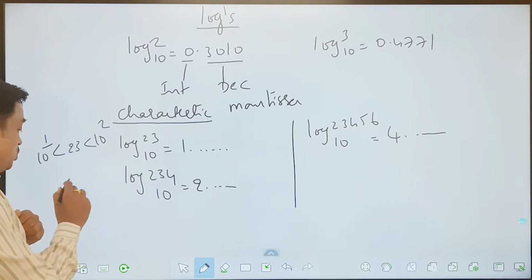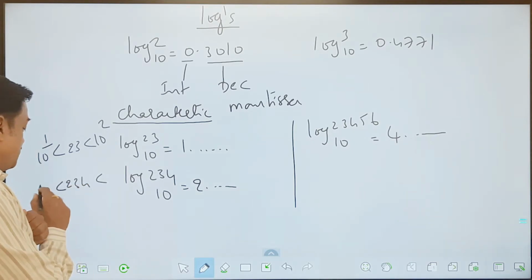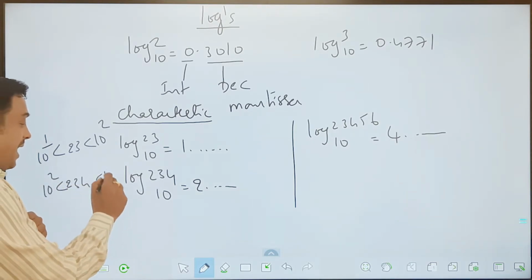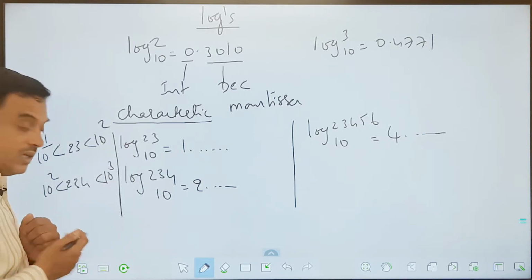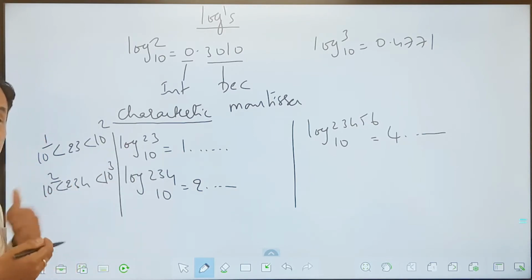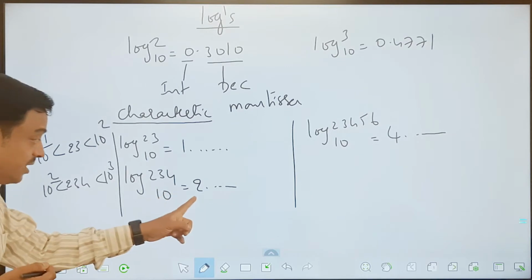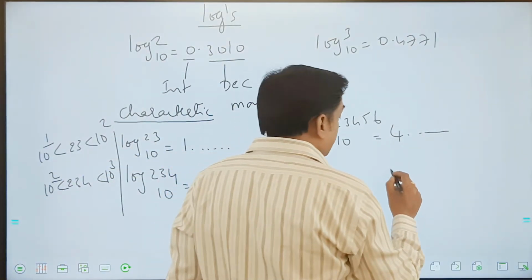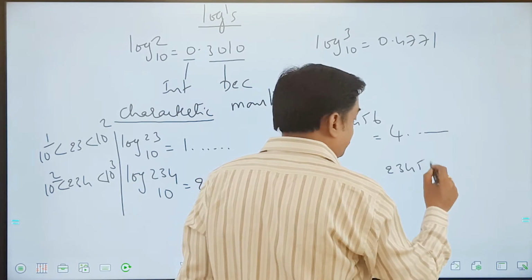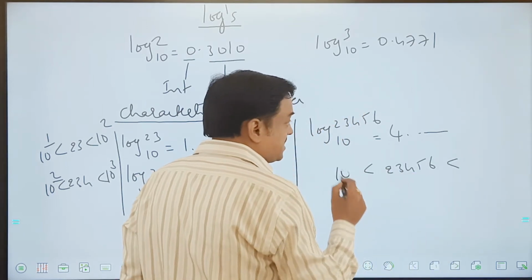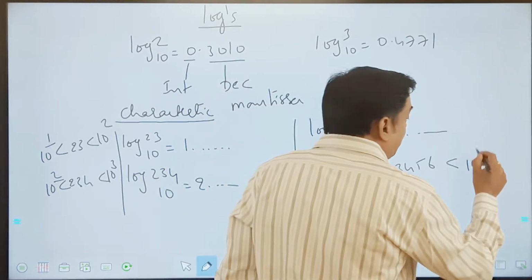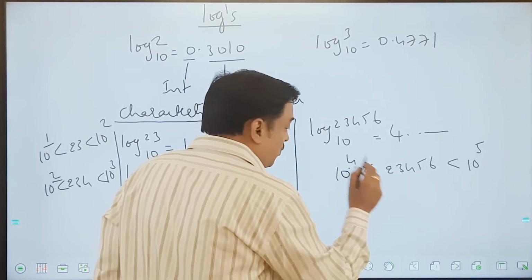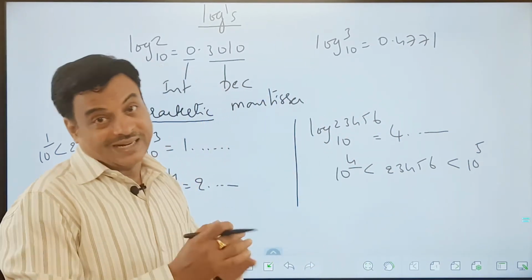Similarly, 234 lies between 10 square, 100, and 10 cube, 1000. So the smaller power, 2, is the characteristic value. Similarly, 23456 lies between 10 power 4 and 10 power 5. So 4 is going to be the characteristic value.